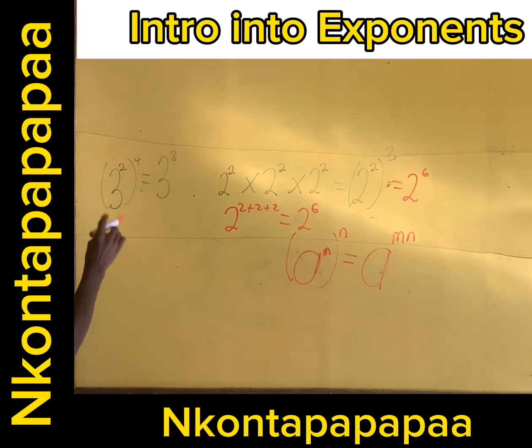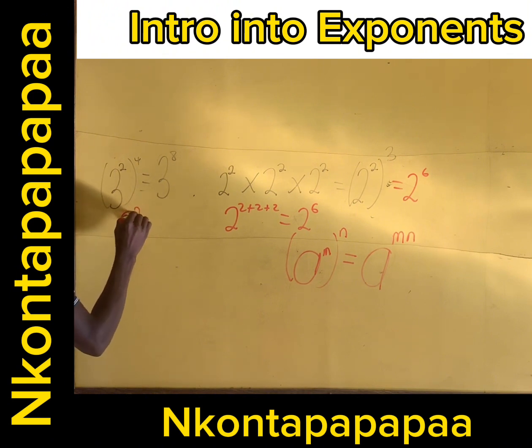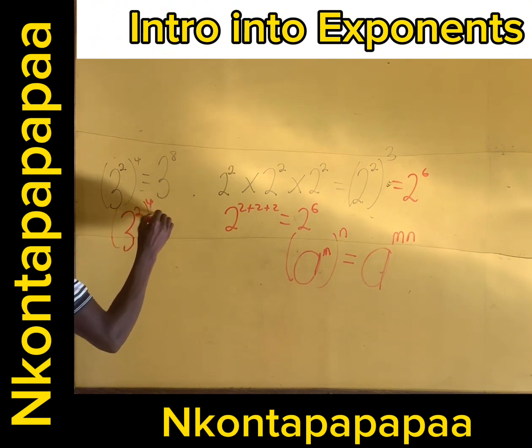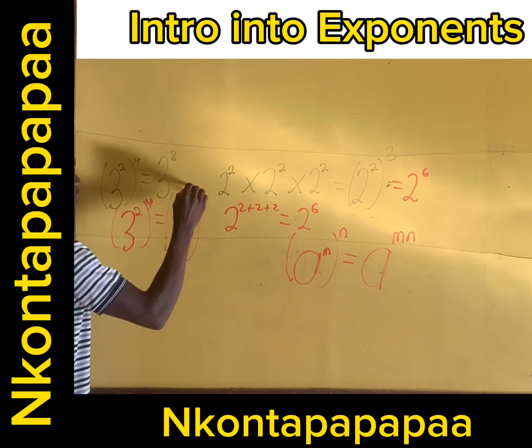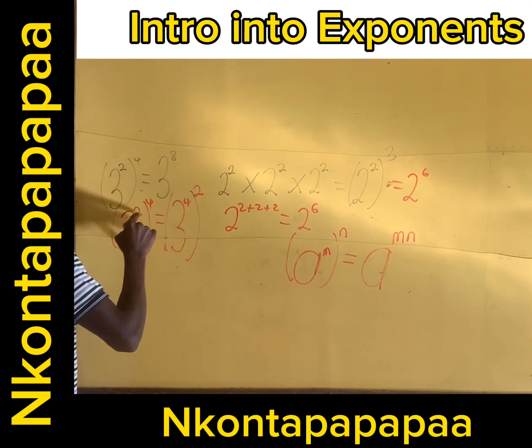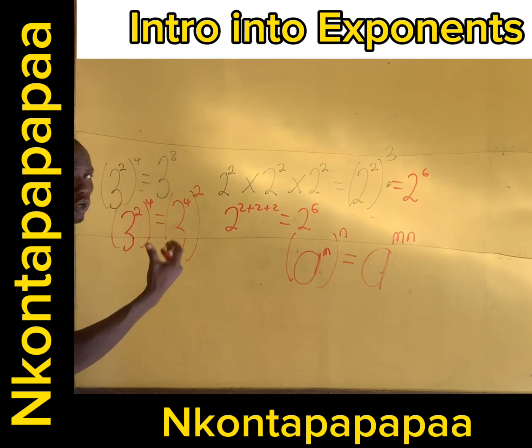And 3 exponent 2, exponent 4 can also be written as 3 exponent 4, then I bring the power 2 out.